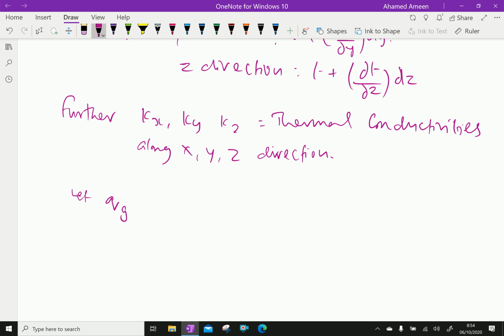Qg equal to heat generated per unit volume per unit time.